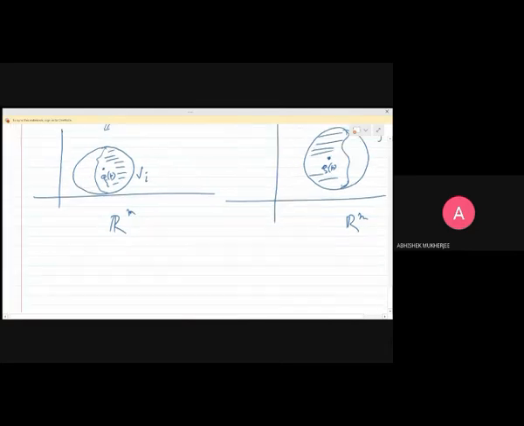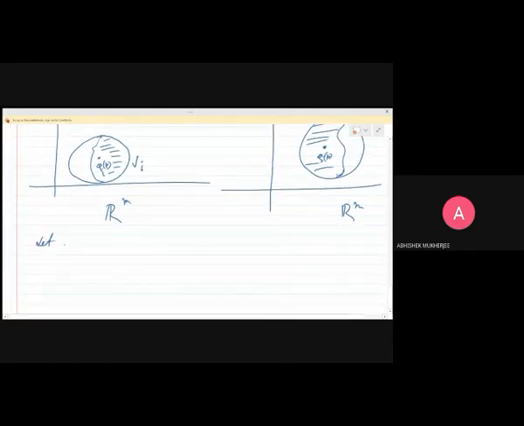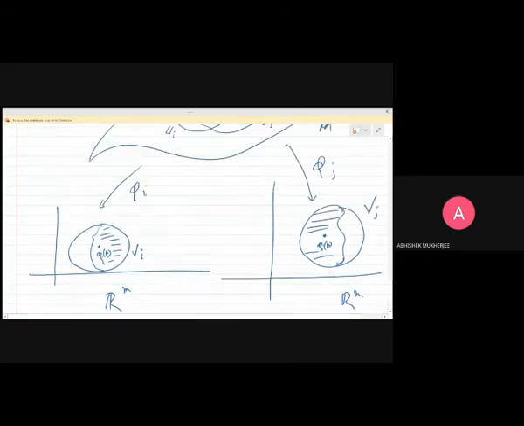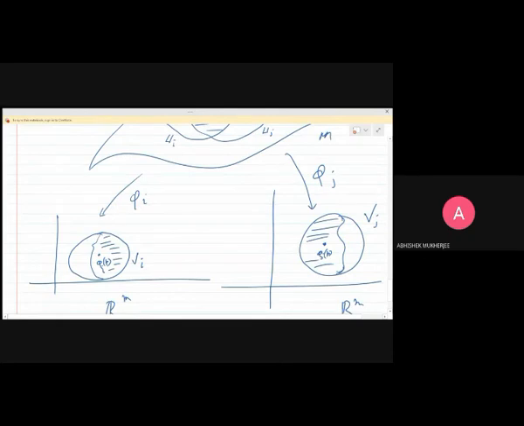So let us consider two coordinate charts, phi_i on U_i and phi_j on U_j, with the point P belonging to M. Then you will have a transition map.